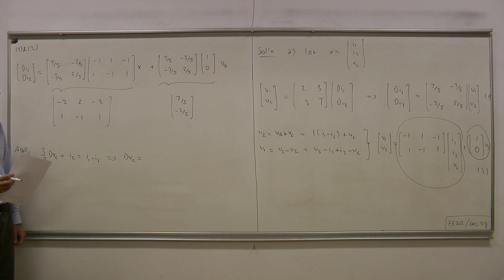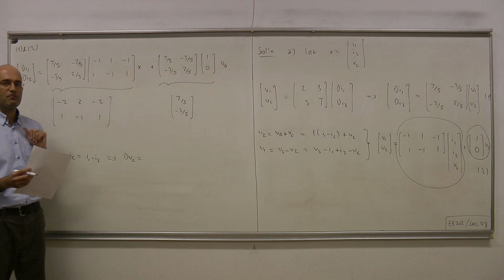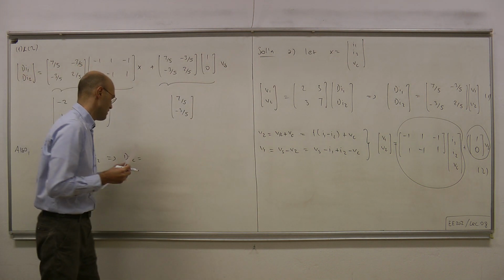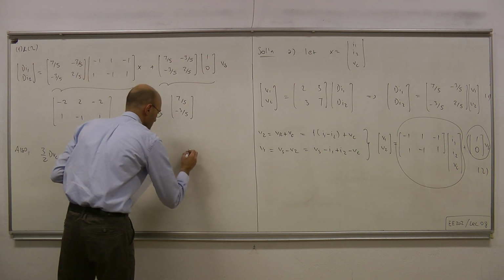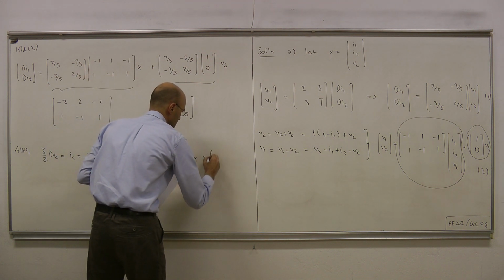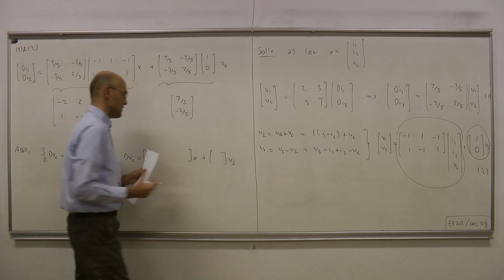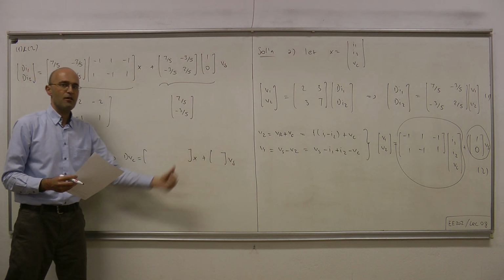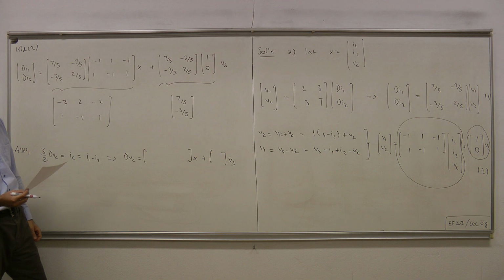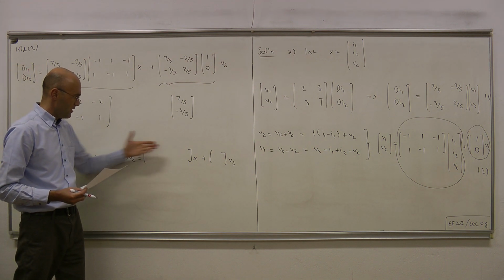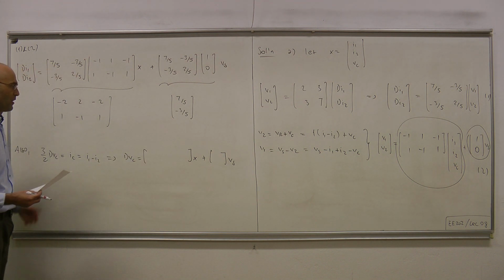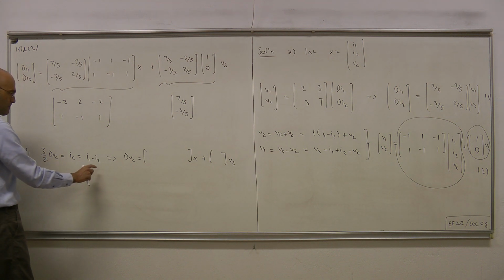But let's also write it as something times x plus something times Vs. Since x is a 3 by 1 vector, this thing should be 1 by 3.